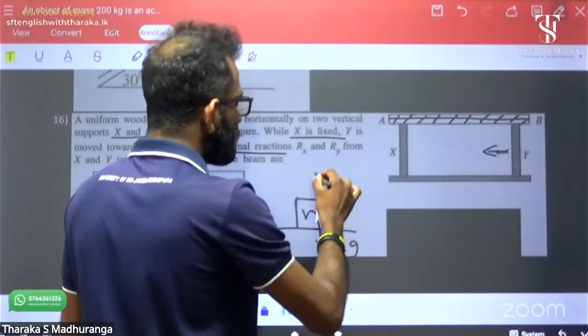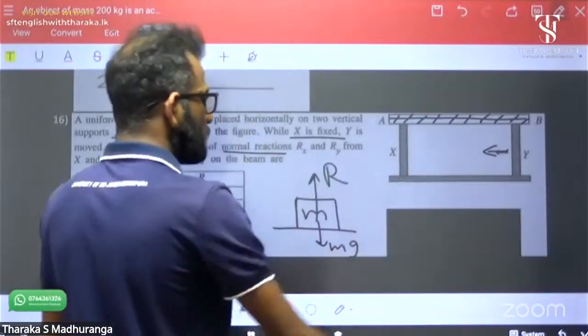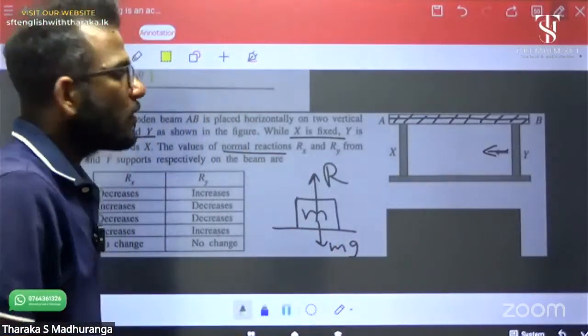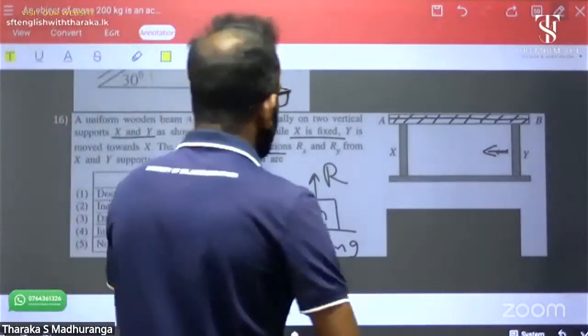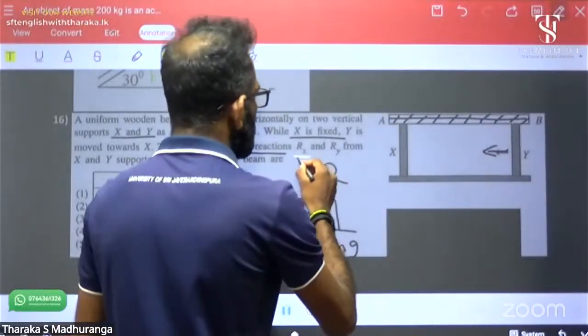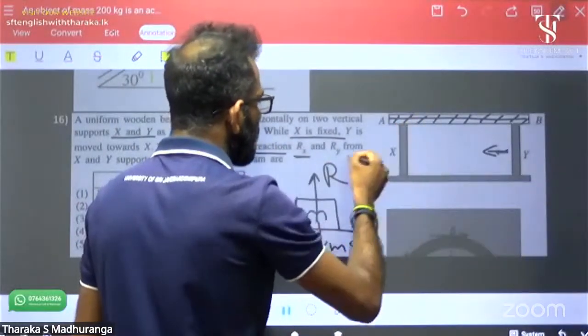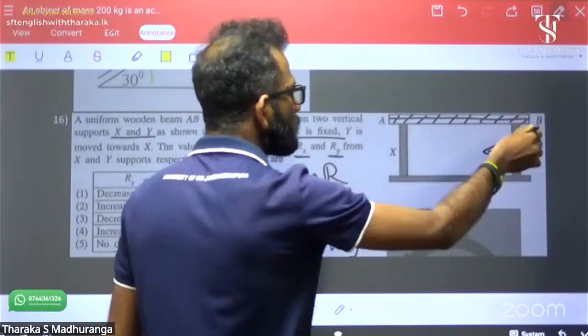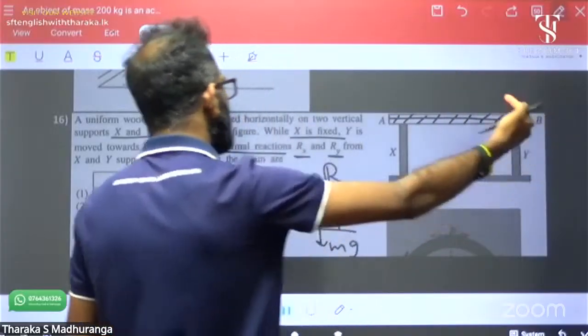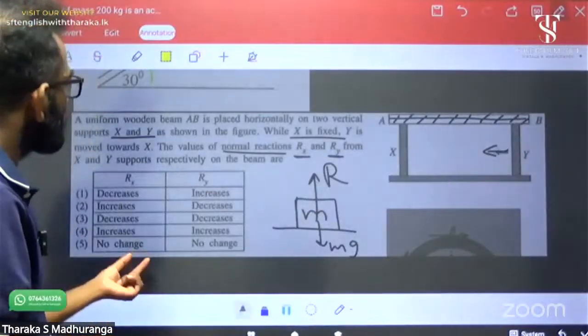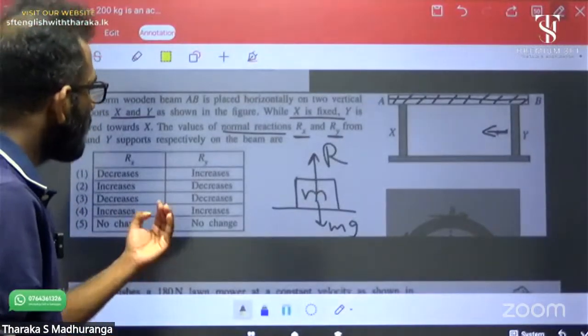This is a reaction force. Rx is the perpendicular reaction of the X support, and Ry is the perpendicular reaction of the Y support, from the X and Y supports respectively on the beam.